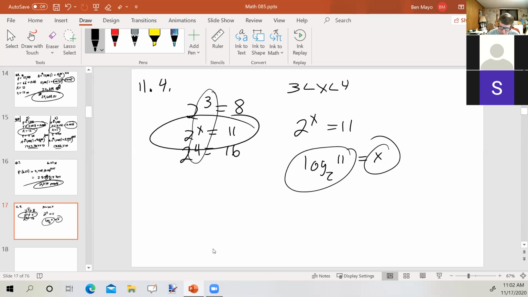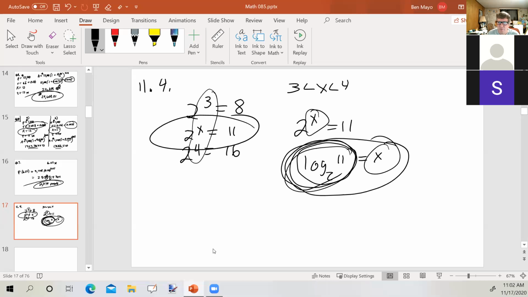During the next few sections, we'll be looking at how to evaluate that expression on our calculators. So basically, putting something in logarithmic form allows us to isolate a variable that is an exponent.